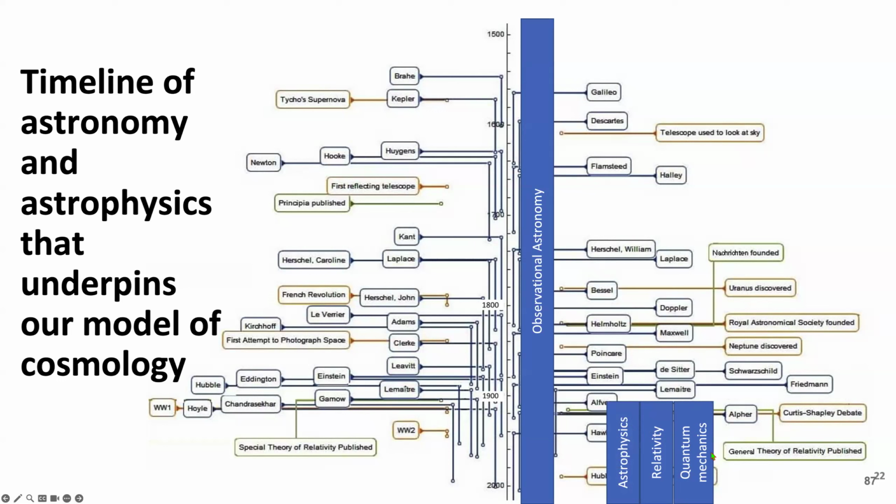And then we had the tools to do astrophysics. Einstein showed us how light and matter move under the influence of gravity. Quantum mechanics shows what the mechanisms are for stars to produce light.